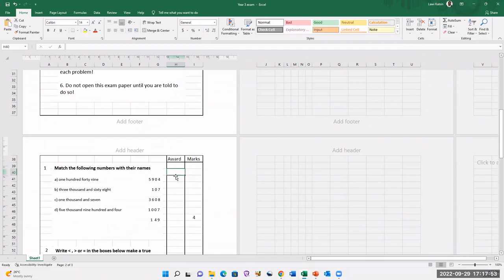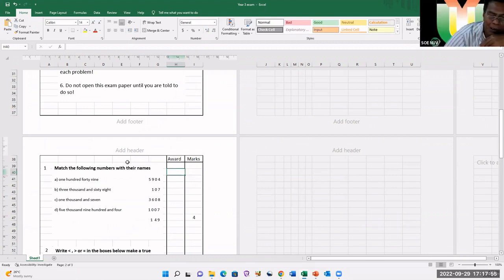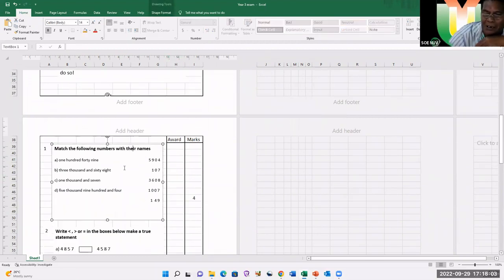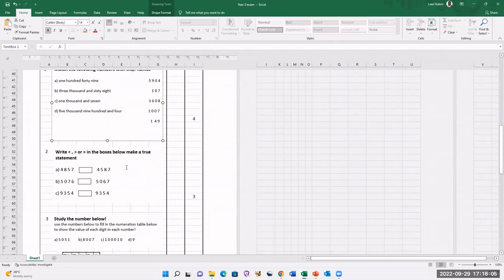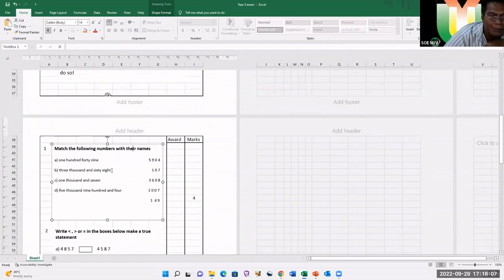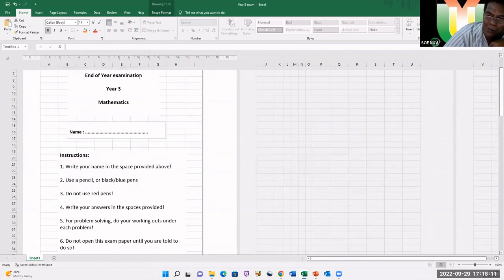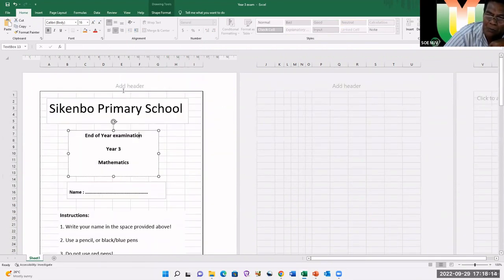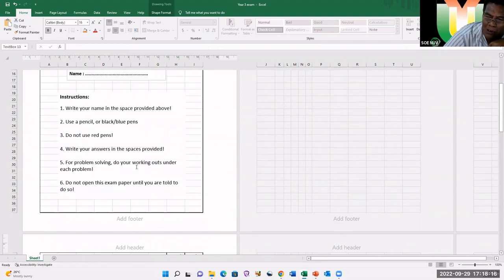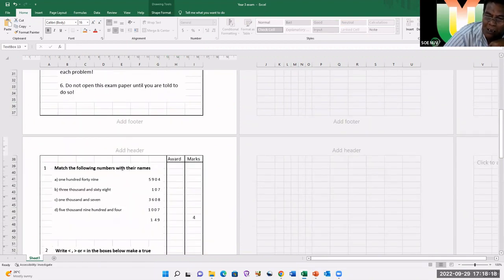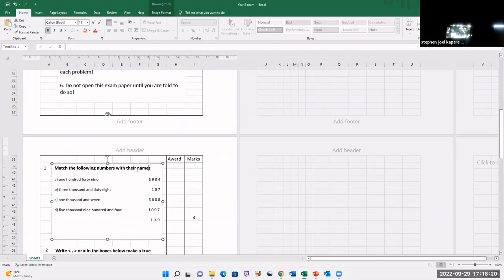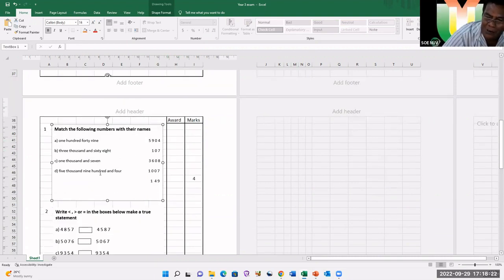So Excel is the most appropriate. You can change the name to school, or how you teach it, the instruction, or whatever you want to change. More items, more stuff, you just write and replace it.